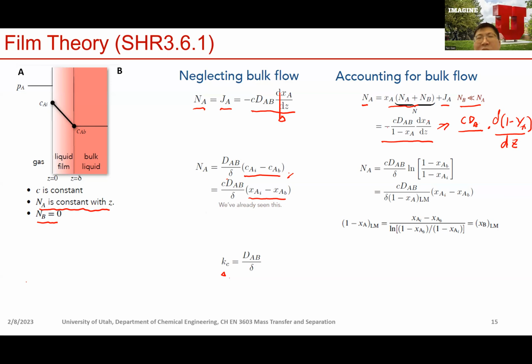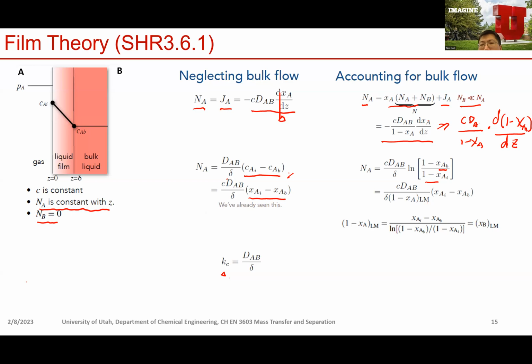So the minus sign disappears because we just take it into the differential. Then we have 1 minus X here. If you do the integral, this gives you the log. And when you compute the difference between two logs, you can just sum them together. That becomes the ratio of 1 minus XA at the bulk divided by 1 minus XA at the interface, okay?